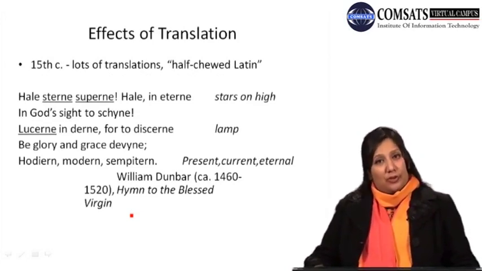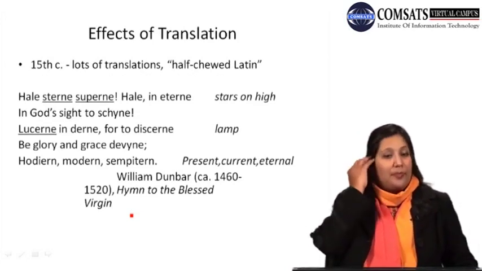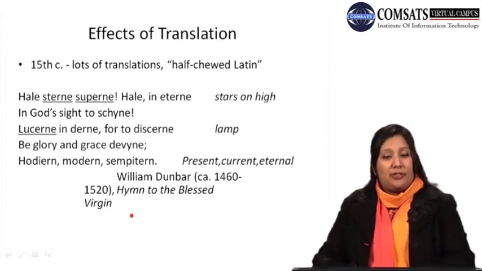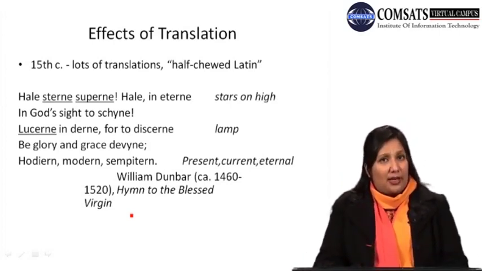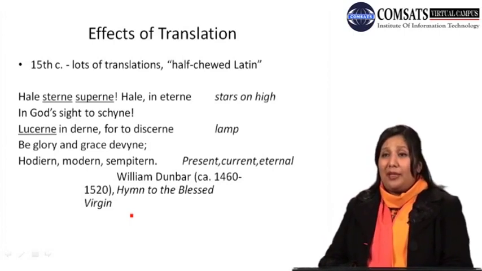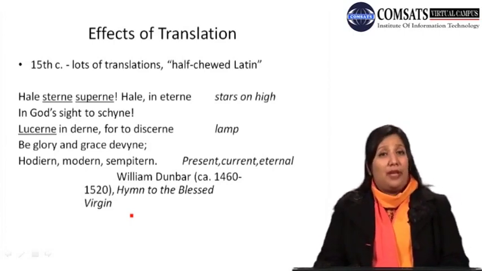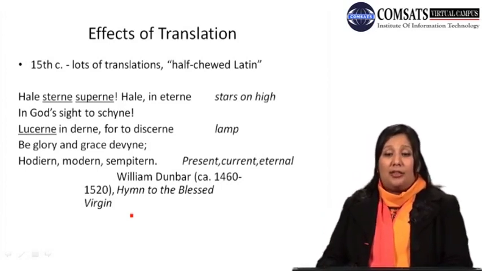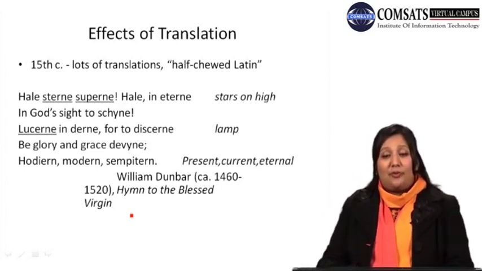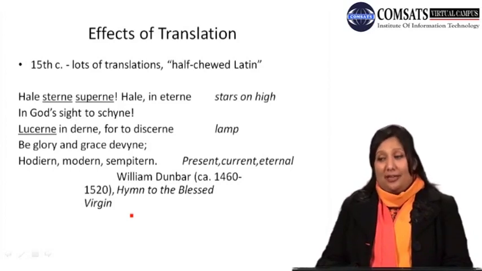Now let's look at the translation that started being done in that age. What were the effects of translation at the time? In the 15th century, lots of translation was done, perhaps just to make the people understand, just to make the people realize what was being published. There were lots of translations, for example, half-chewed Latin, we can say.